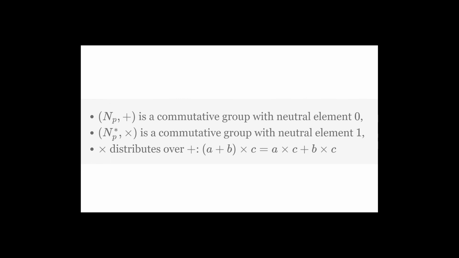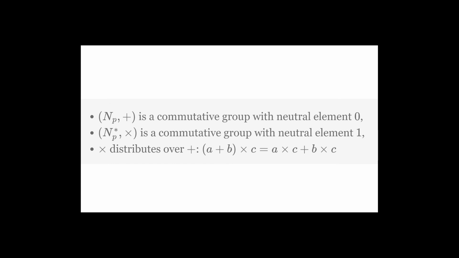We are saying that A plus B times C is equal to A times C plus B times C. So, stuff that you have learned since primary school. So we can take a look at NP, plus, multiply, this triple, and we see if all these things are valid. And if they are all valid, then we have what's called a field.